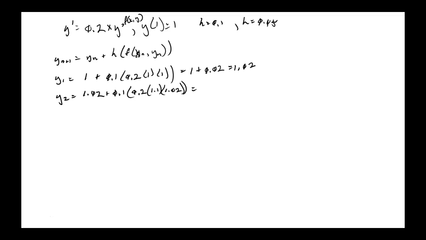I mean, you don't need a parenthesis, just times. What do you get? 1.0211. Okay. The 212. Yeah, I don't know how you round that up. What did you get? 1.021122.